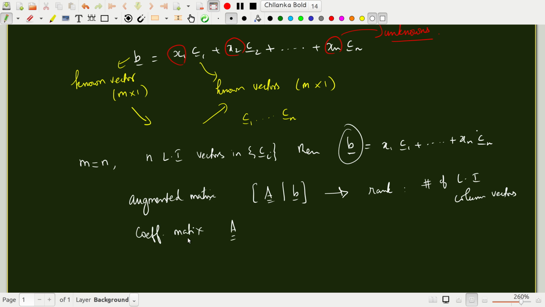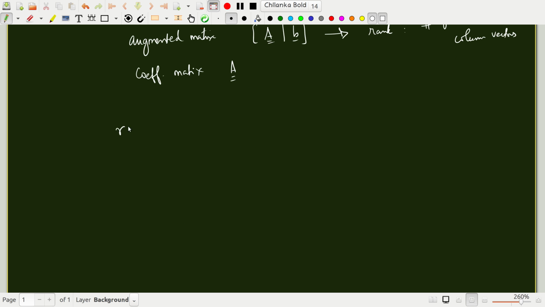If the rank of the coefficient matrix is equal to the rank of the augmented matrix, then there is a solution. If that is equal to n, the number of unknowns, then you have a unique solution.